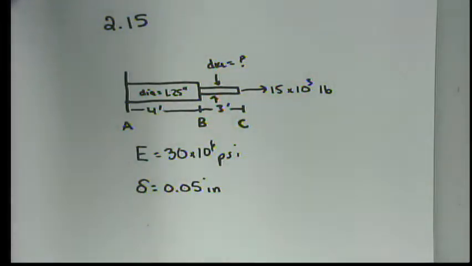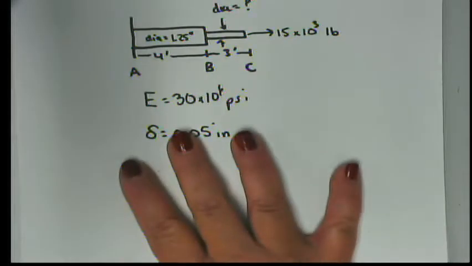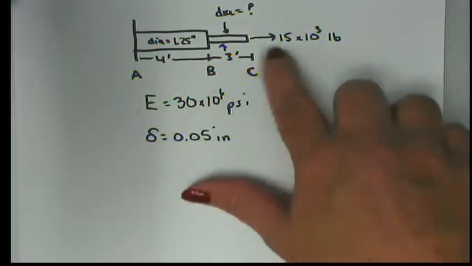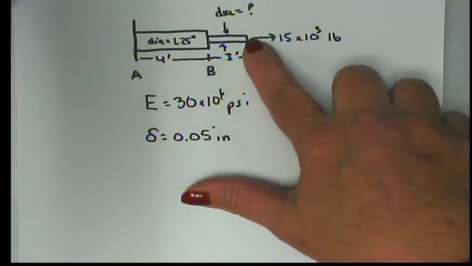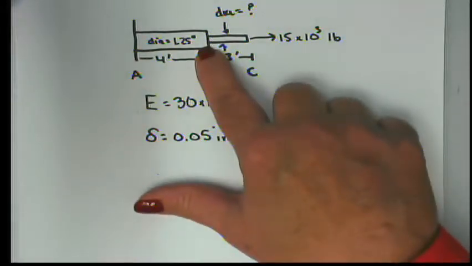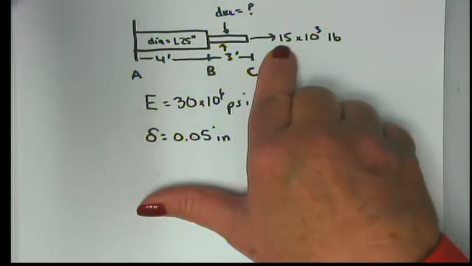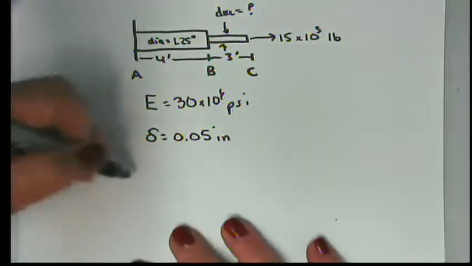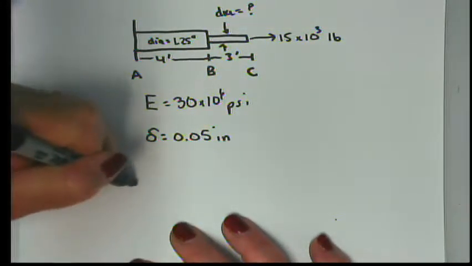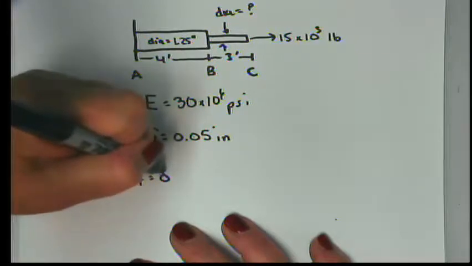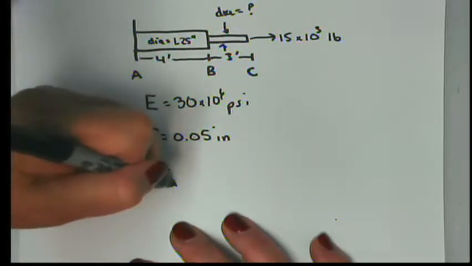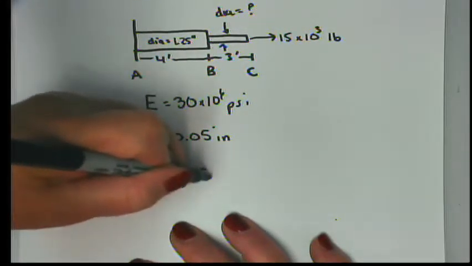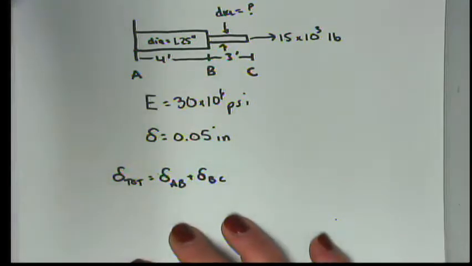All right. So we need to go back to our math and think about what's going on. So what's the total deflection going to be here? Well, it's going to be the amount that this deflects plus the amount this deflects, isn't it? So the total deflection is equal to the elongation of AB plus the elongation of BC.